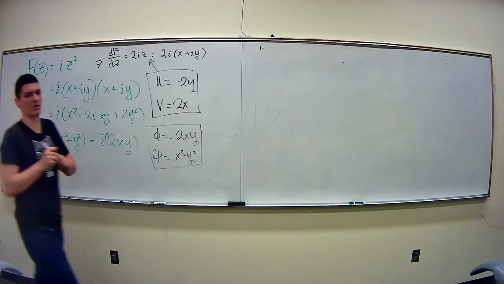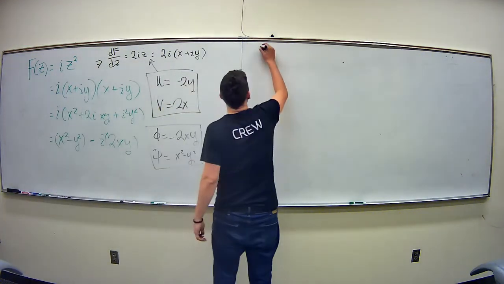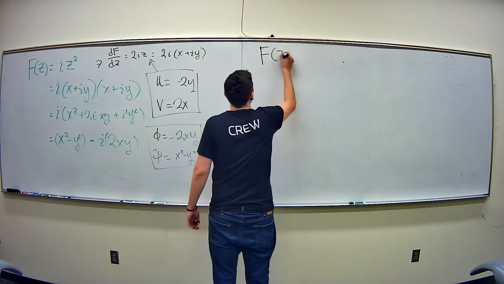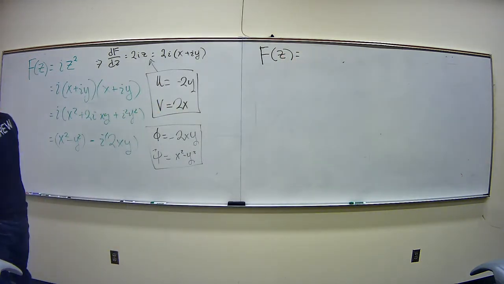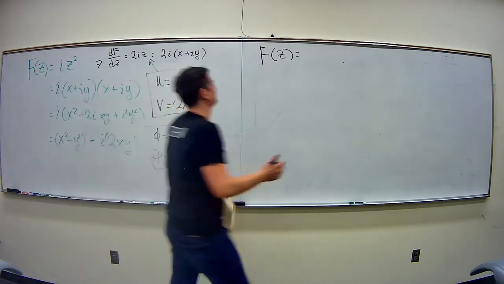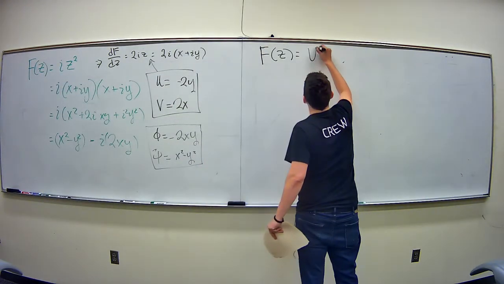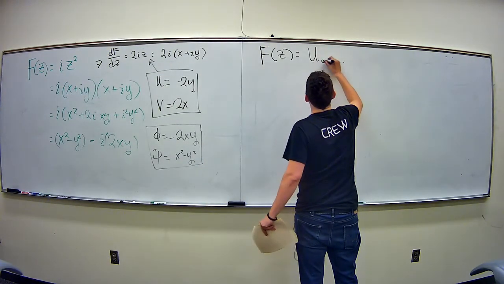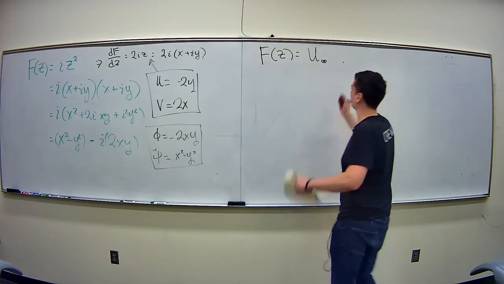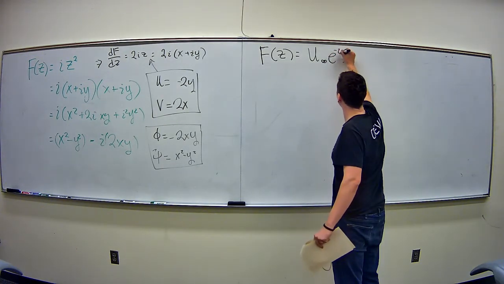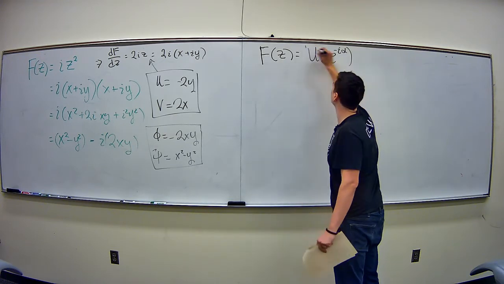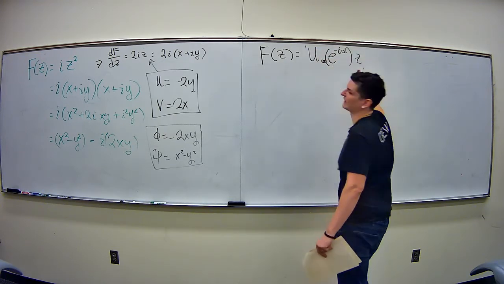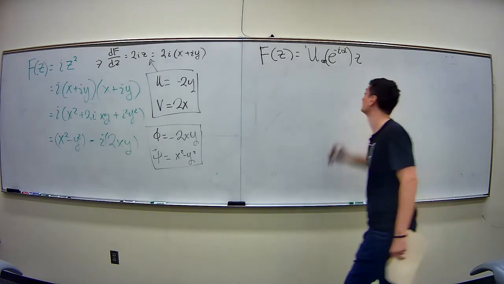So let's look at more of these f of z's that I could write down. Let's look at this one. Let's say some real number, some far field velocity, alpha, so some number here, and I'll just multiply it by a z.